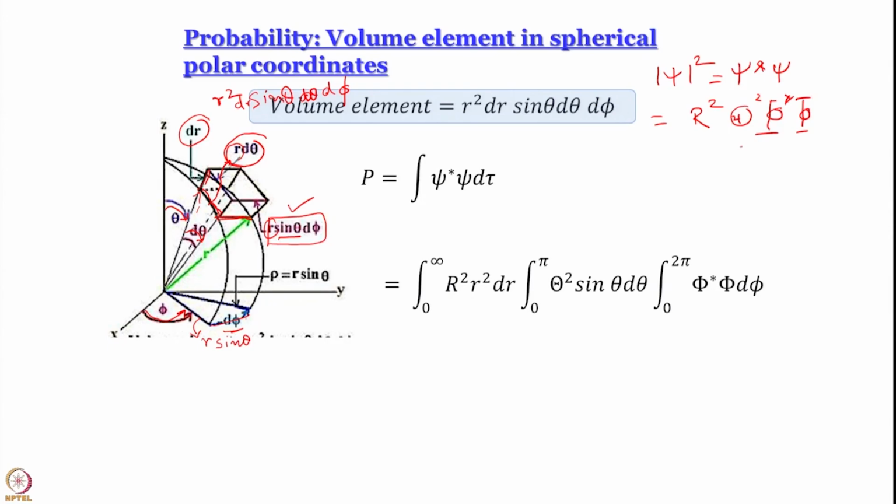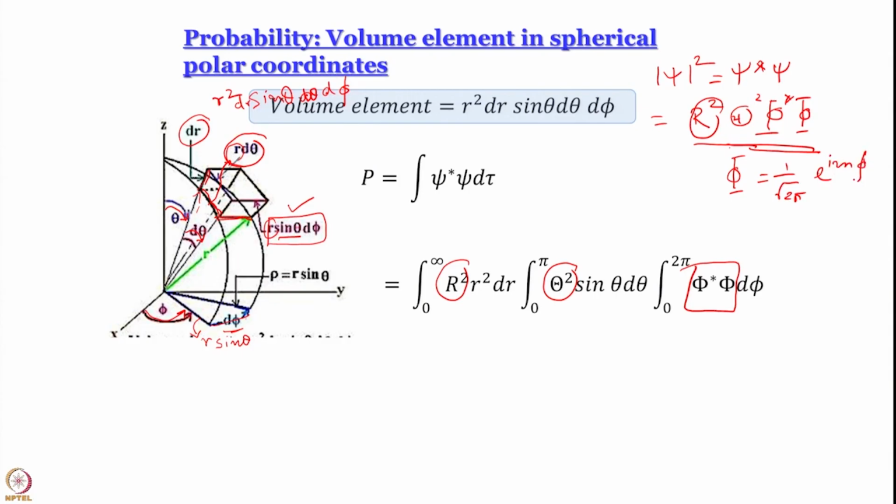Of course, what I have written here is essentially what you have here: R square is here, capital theta square is here, capital phi star capital phi is here, and you might remember what capital phi is. Capital phi is 1 by root over 2 pi e to the power i m phi.